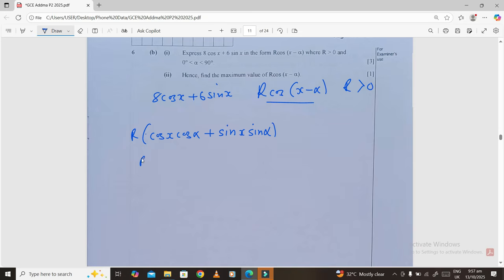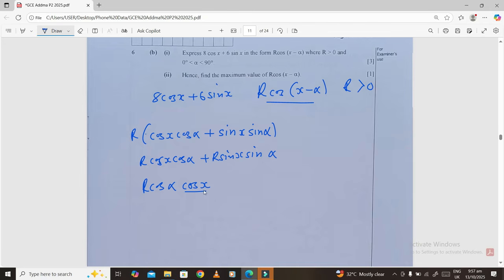So now we can say r cos x cos alpha plus r sine x sine alpha. So now when we compare nicely, you will see that this is r cos alpha cos x.